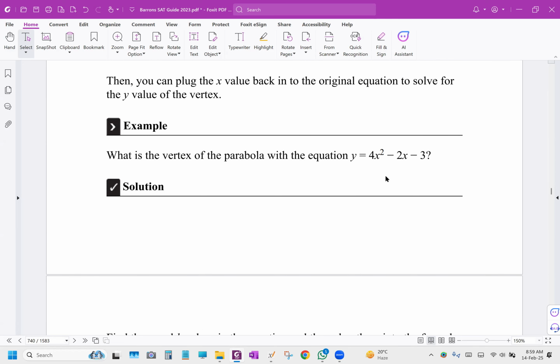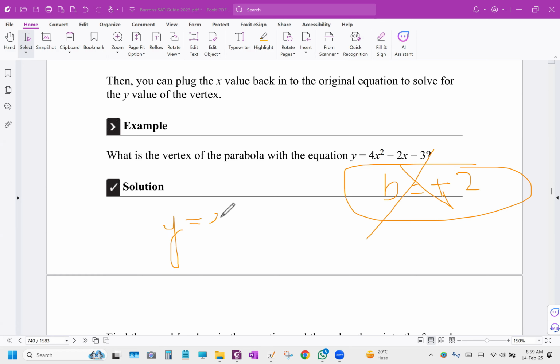You cannot just write that b equals plus 2, because here in this equation b is not equal to plus 2. No, that's wrong. Y equals ax square plus bx plus c.